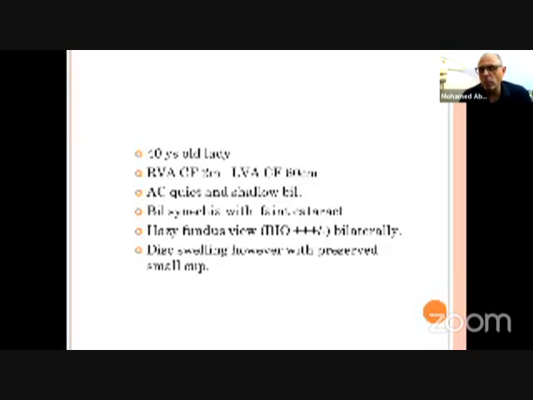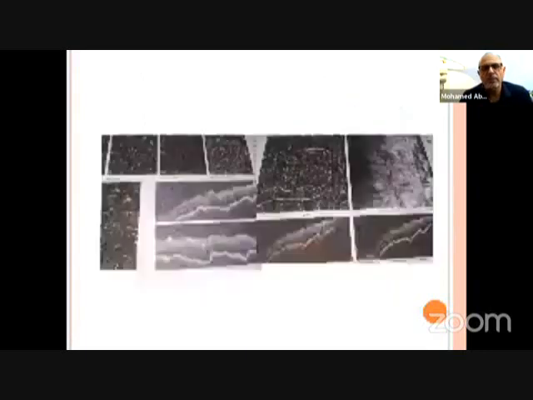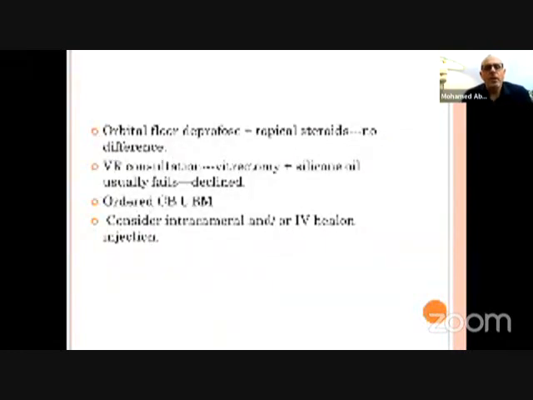Disc was swollen. Here is her B scan with diffusely thickened choroid and an elevated disc. OCT showed a markedly wrinkled RPE. So this patient has had bilateral hypotony.